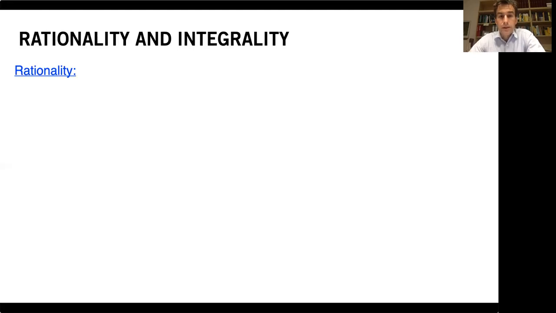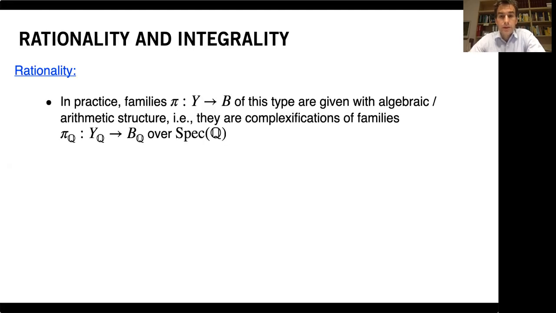It's not necessary that you have this arithmetic structure, but in practice these families are usually given with some kind of algebraic structure. So you have families that are defined over Q, and the family that you're interested in is a complexification of this.